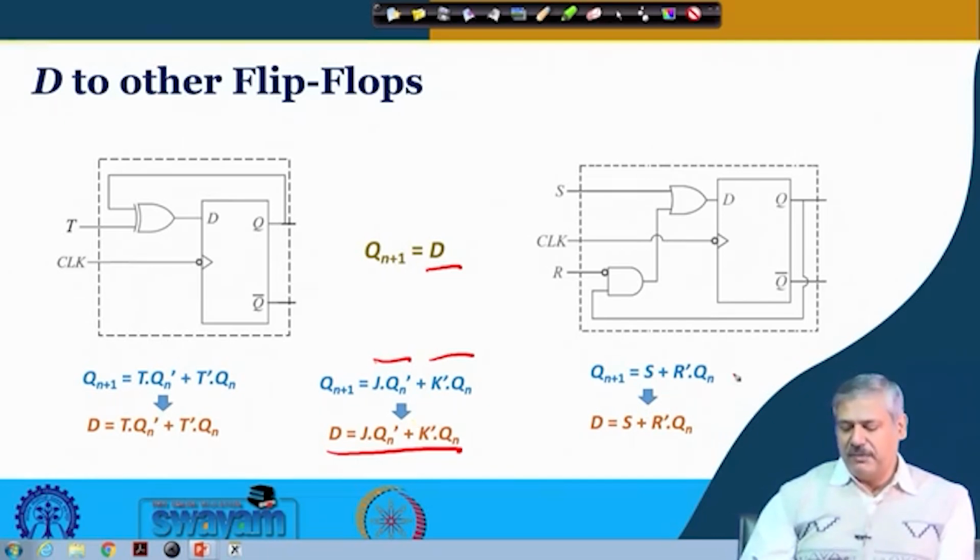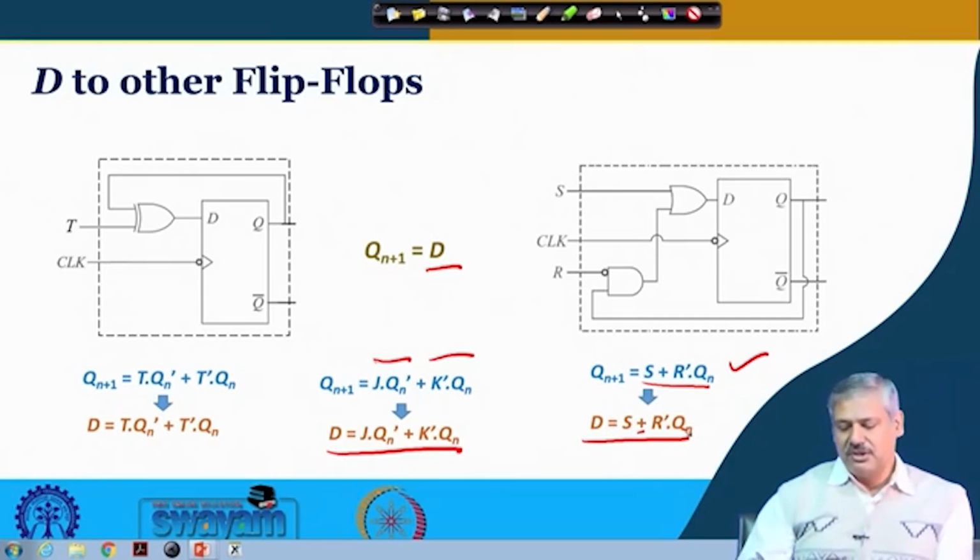And similarly for D flip-flop getting converted to SR flip-flop, the equation is Q n plus 1 is S plus R prime Q n. So, we can write D as S plus R prime Q n.